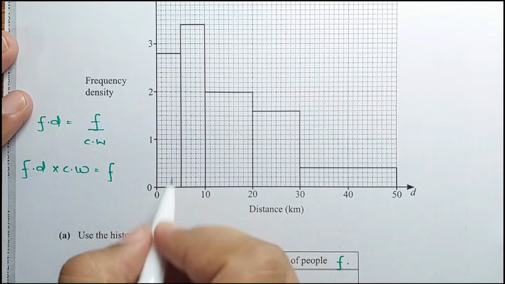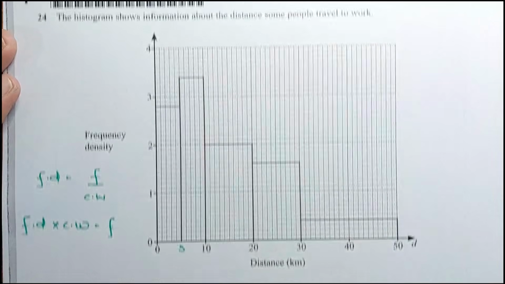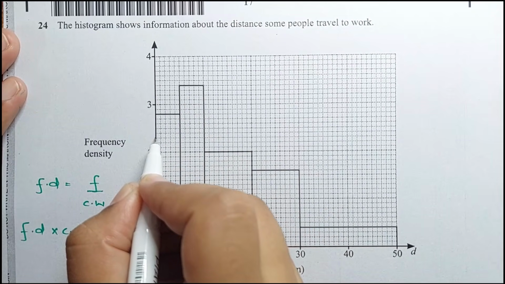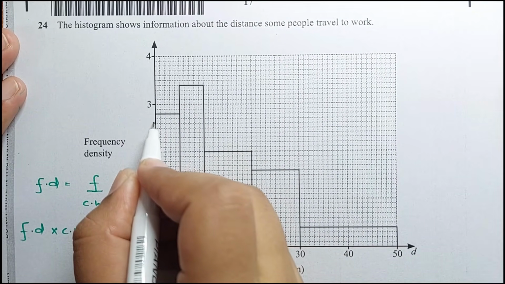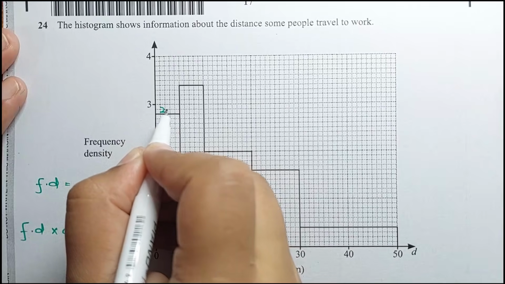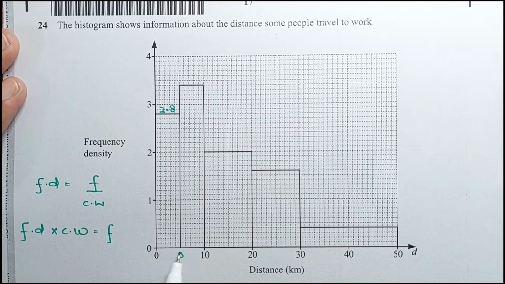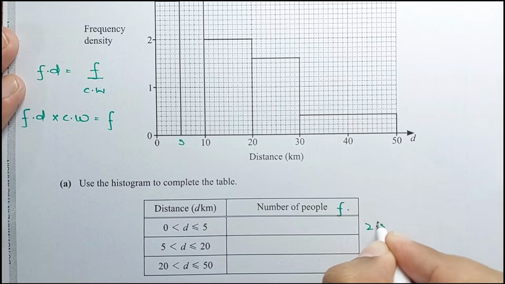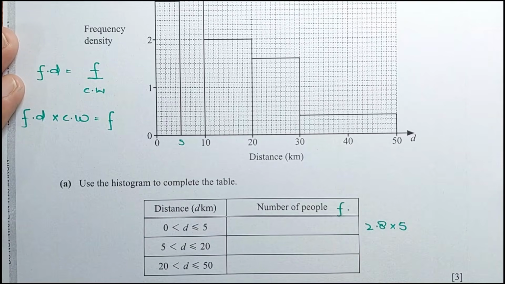So between 0 to 5, this interval, what is the frequency density? It is 2.8, and the class width for 0 to 5 is just 5. So 2.8 times 5, right?